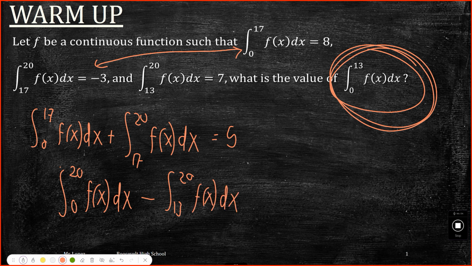And so from 0 to 20, subtract from 13 to 20, that gives us from 0 to 13. So this is 0 to 20 was 5, we said, minus 13 through 20. 13 through 20 is 7. So it's negative 2. That makes sense?